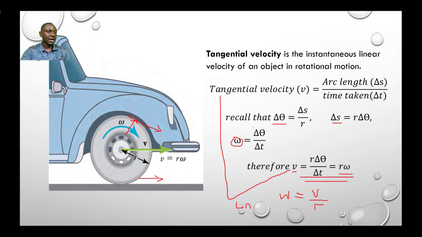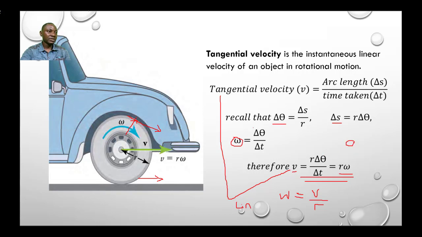Same, that is how to get it. Whatever the angular equation is, you bring the linear representative of it, and you divide it by the displacement or the radius of that circle.